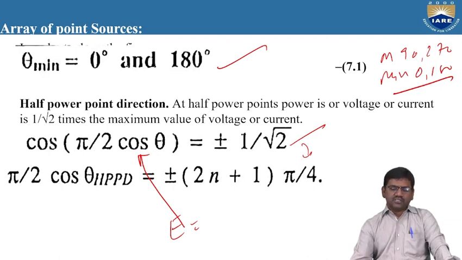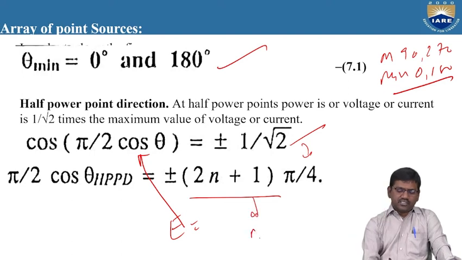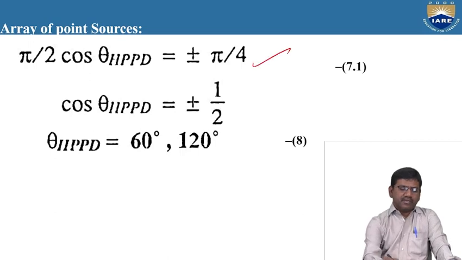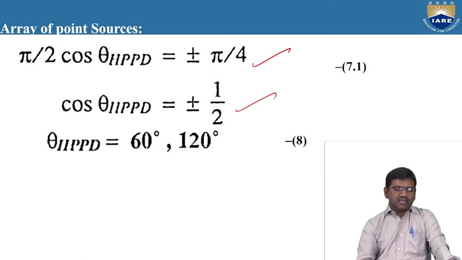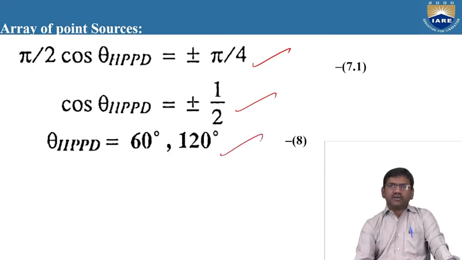The trigonometric solution for this is given by plus or minus (2n plus 1) into pi by 4. If you substitute n is equal to 0 here, you will get only pi by 4. If you simplify, cos theta HP is equal to plus or minus 1 by 2 and theta HP is equal to 60 and 120.